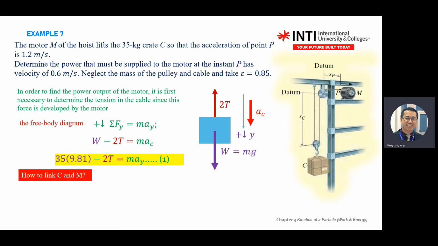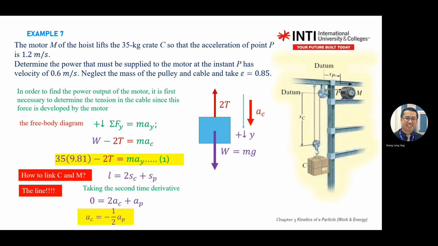To get the first one, the next step is to link C and P using the relative motion of the rope, the pulley system. So you calculate the total length. Total length, you get 2 SC plus SP. You differentiate, you get the velocity and acceleration. In this case, 0 equal to 2 AC plus AP. So you get the relationship between AC and AP.